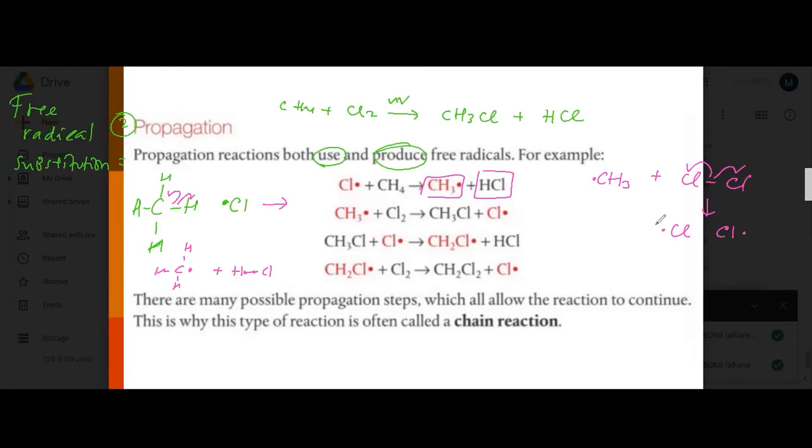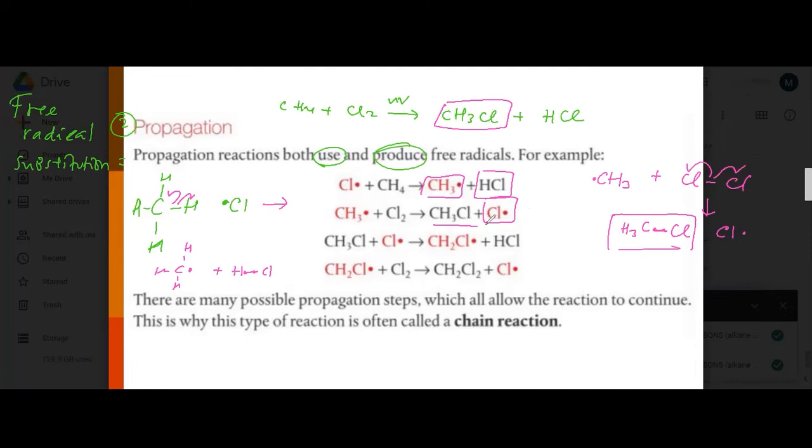The Cl radical combines with CH3 to form a covalent bond, giving the product CH3Cl. This is our product, formed in the second propagation step. Don't forget the Cl free radical is also produced in this second propagation step.